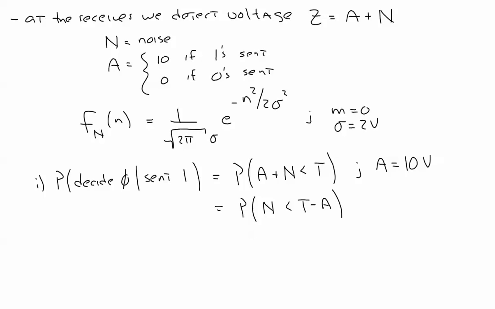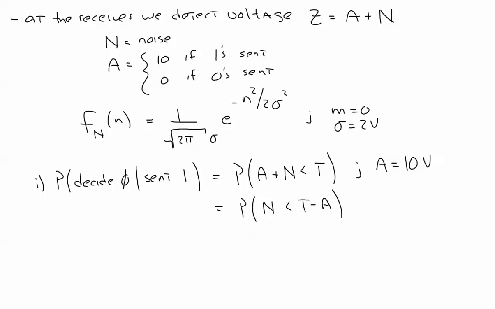All right? Now I want to make an observation. If zeros are represented by 0 volts and ones are represented by 10 volts, it makes no sense to me to set a threshold above 10, right? So if my maximum voltage that I send is 10 volts, it doesn't really make sense to declare a decision threshold that's 15 or 16 volts. If I do that, the overwhelming majority of times I'm going to declare all of my bits to be zeros.